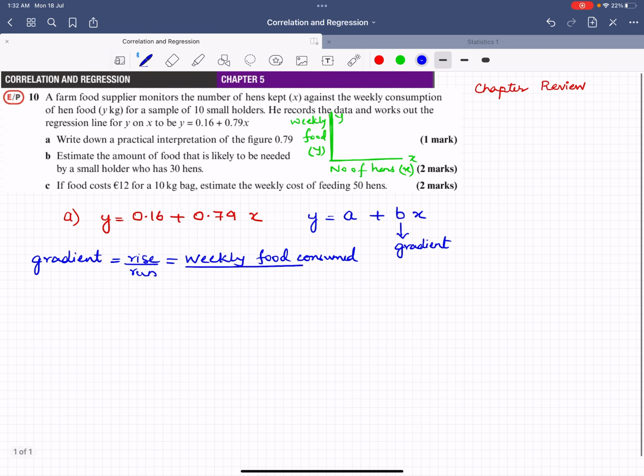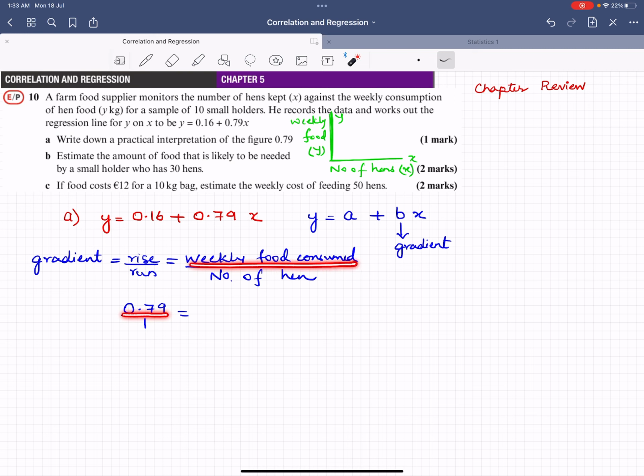And run is the number of hens. Now our gradient which we are given is 0.79. So if we write it as a fraction, it is 0.79 divided by 1. Therefore, the numerator is the weekly food consumed and the denominator is the number of hens.